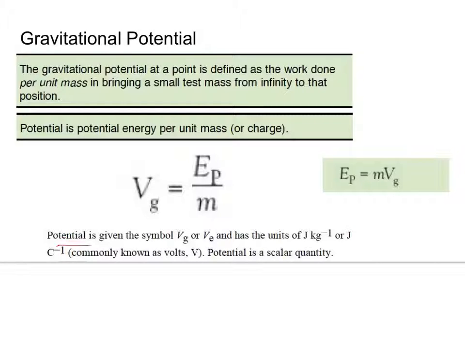Potential is given the symbol Vg and has the units of joules per kilogram. I'm not referring to electric field issues just now. I'll come to those later. And we're just going to stick to the gravitational field theory. It's important also to remember that potential is a scalar quantity.